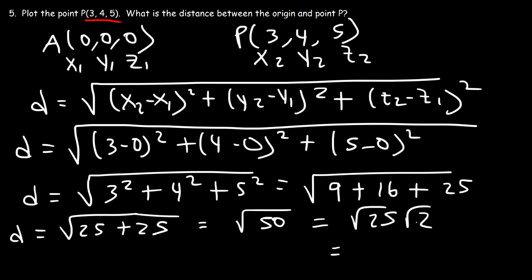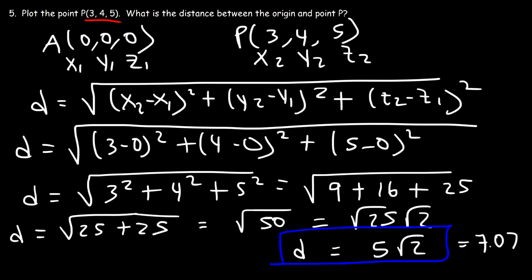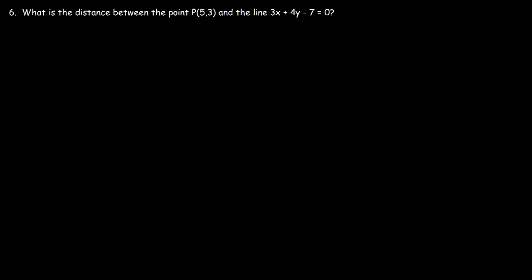And the square root of 25 is 5. So the distance between the origin and point P is 5 square root 2. And so as a decimal, that's about 7.07 approximately.